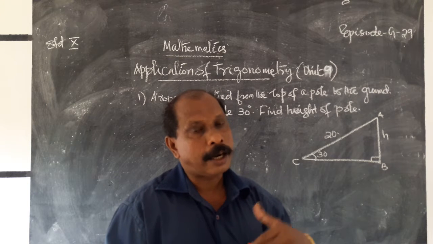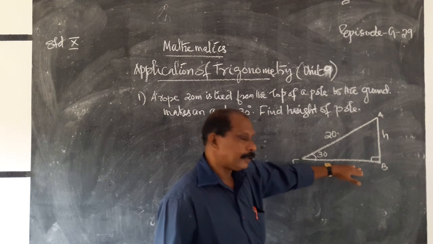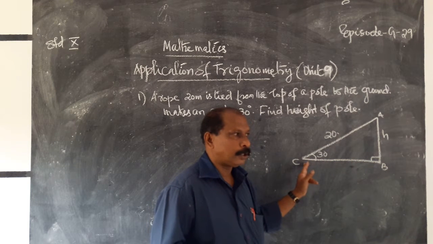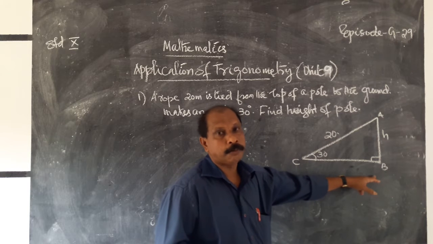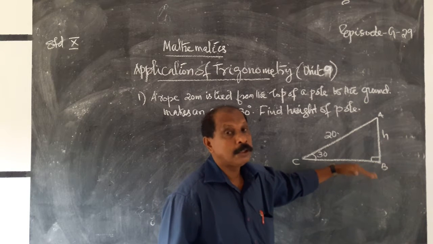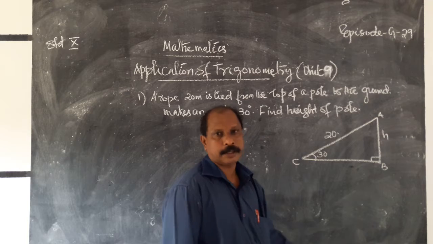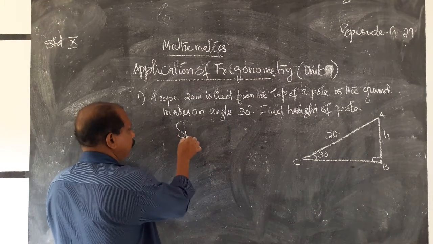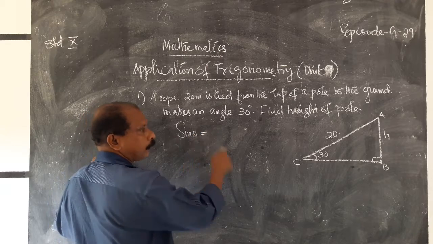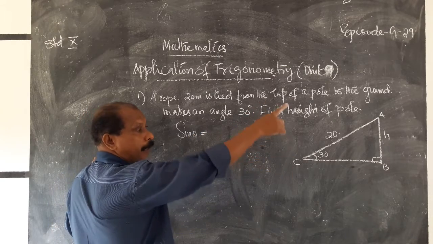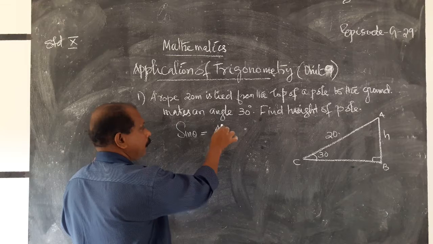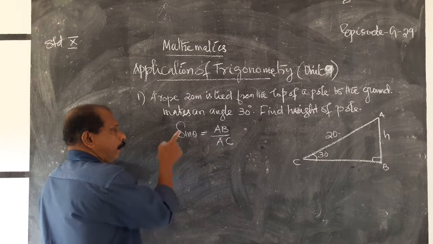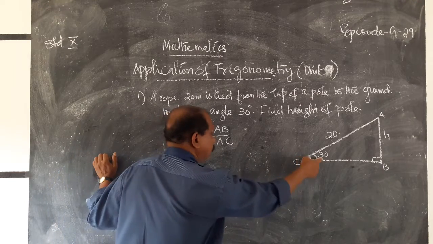Cos theta is adjacent by hypotenuse, which we would use if the distance of that point from the foot of the pole is involved. Clear? Then sin theta is equal to AB by AC. Theta is 30 degrees.